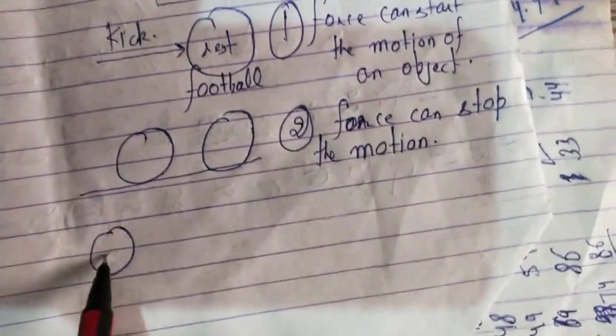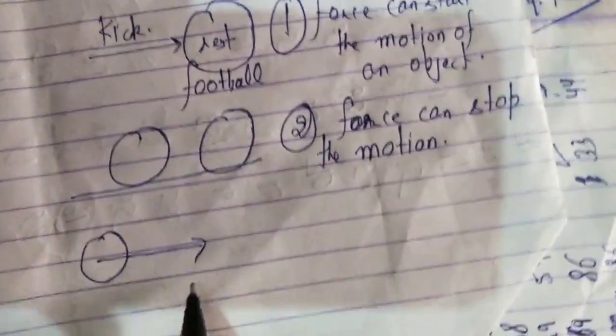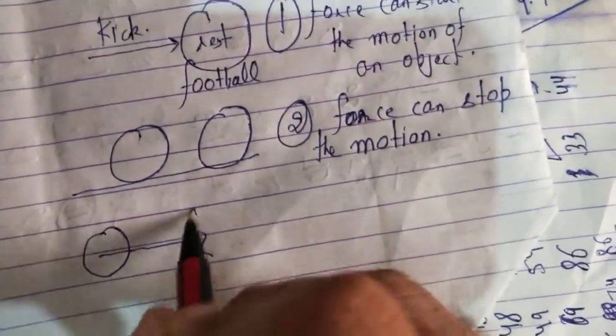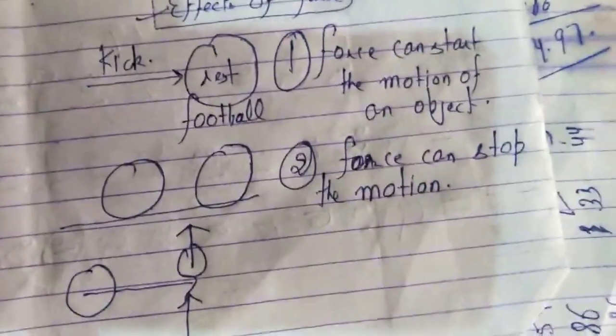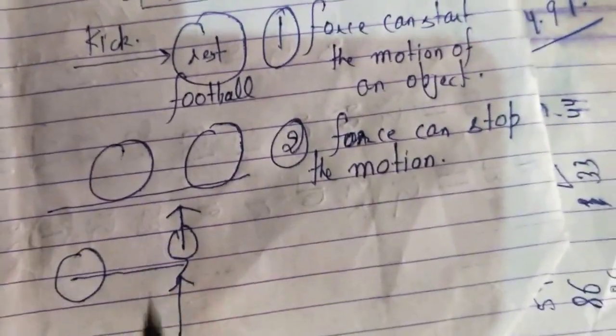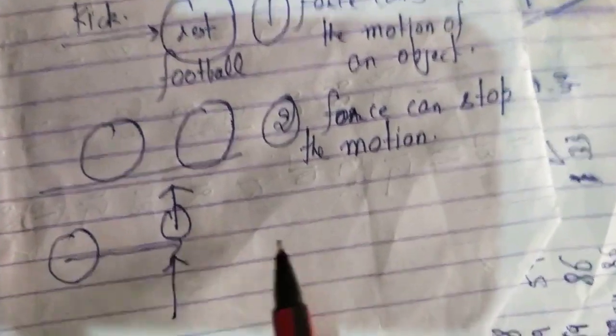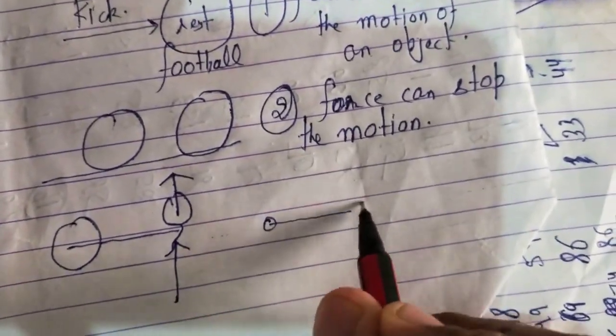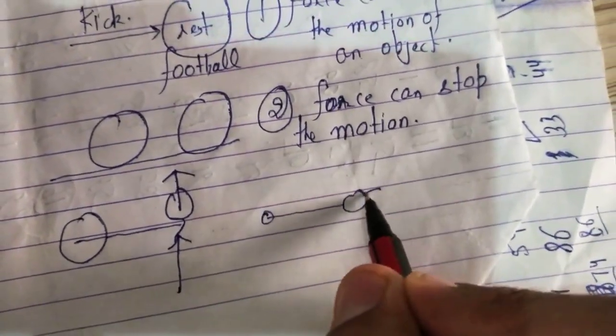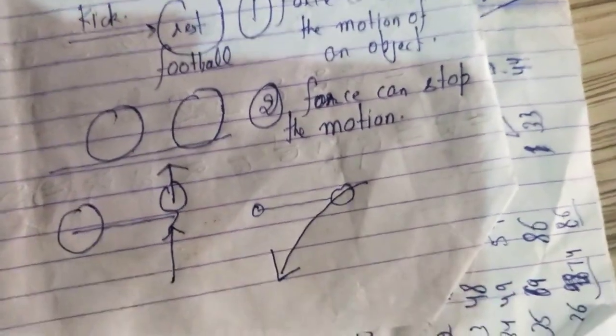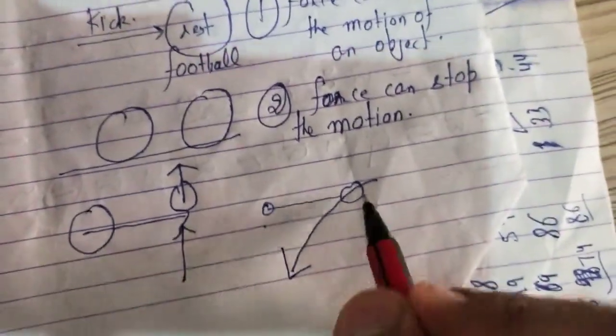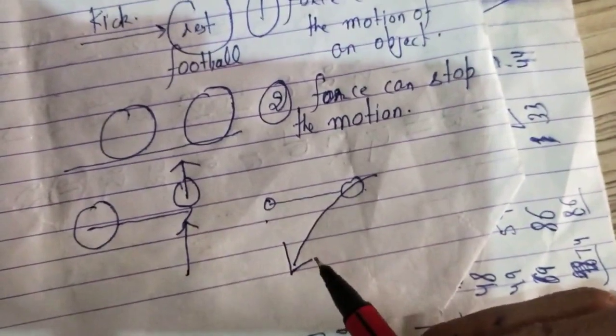A football is coming in this direction. You applied a force in this direction. Now it will start moving in this direction. So force can change the direction of the ball. A ball is coming to a batsman in this direction. Here is a bowler, here is a batsman. Batsman hits the ball in this direction.